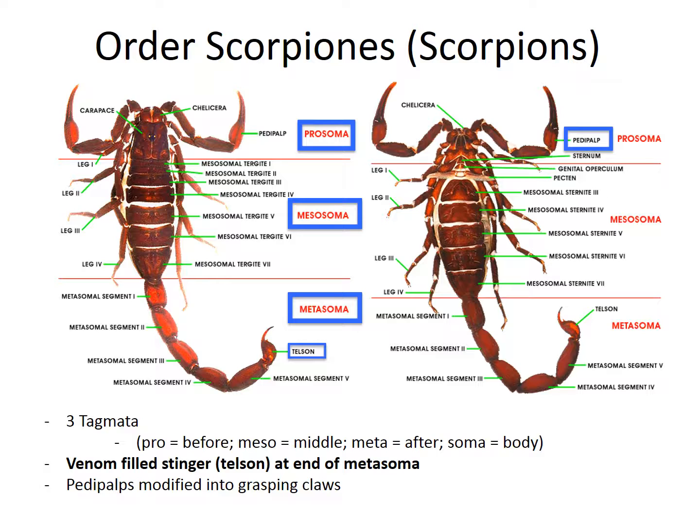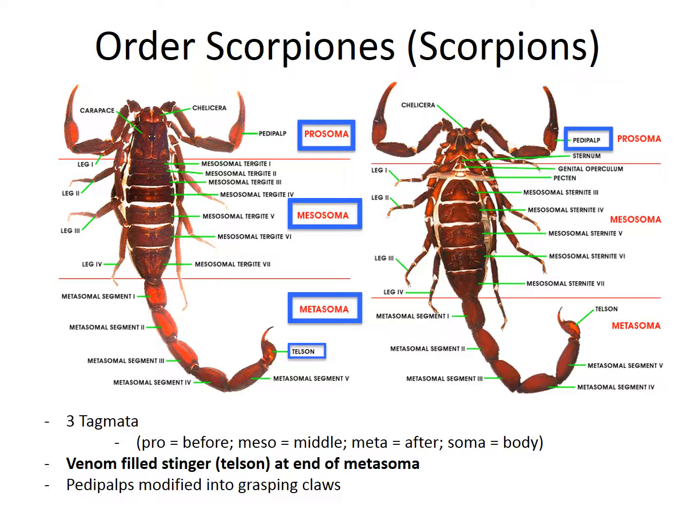The other character that's fairly important for scorpions is that all scorpions have a venom-filled stinger, or telson, at the end of the metasoma. So you've probably seen a scorpion's tail before. They have a stinger at the end of it.